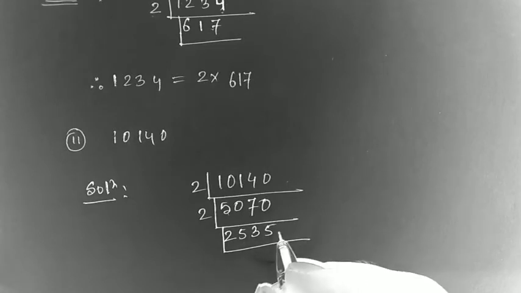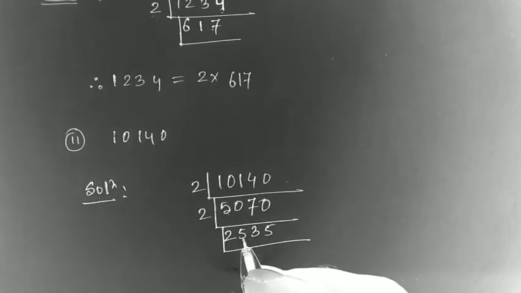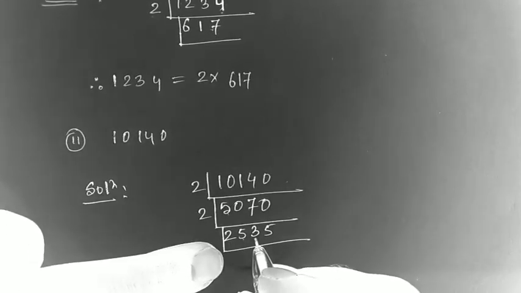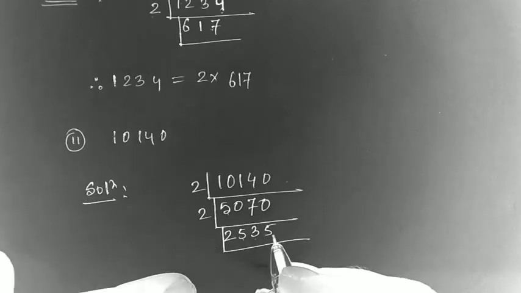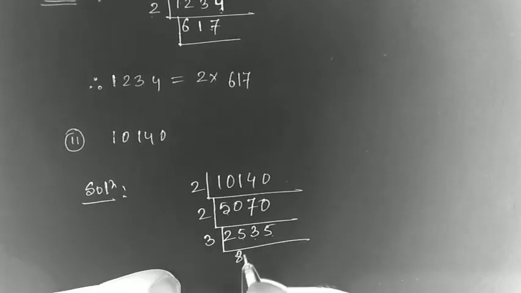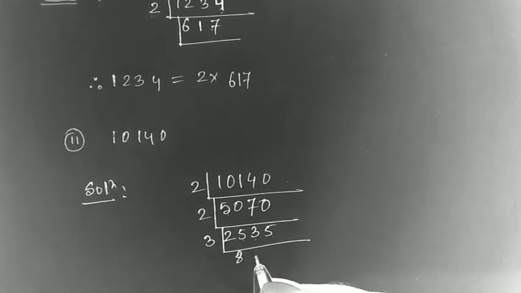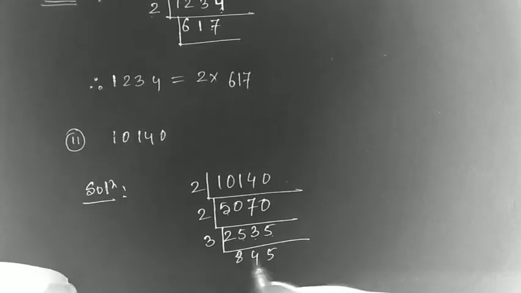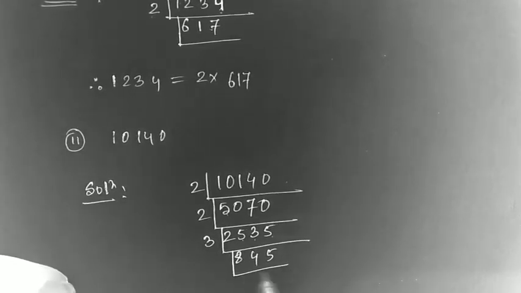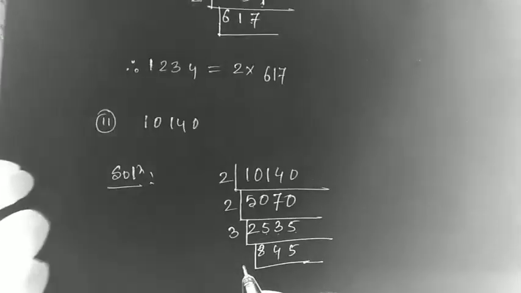So now see, 2 does not divide. The digit sum is 2 plus 5 is 7, 7 plus 3 is 10, 10 plus 5 is 15, so 3 divides it. 3 divides 2535 giving 845. Now 845 is not divisible by 3, so it is divisible by 5.